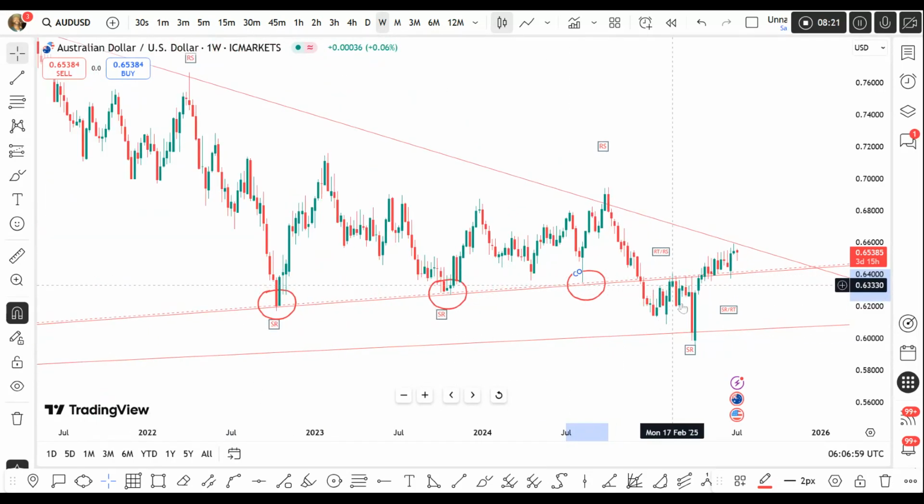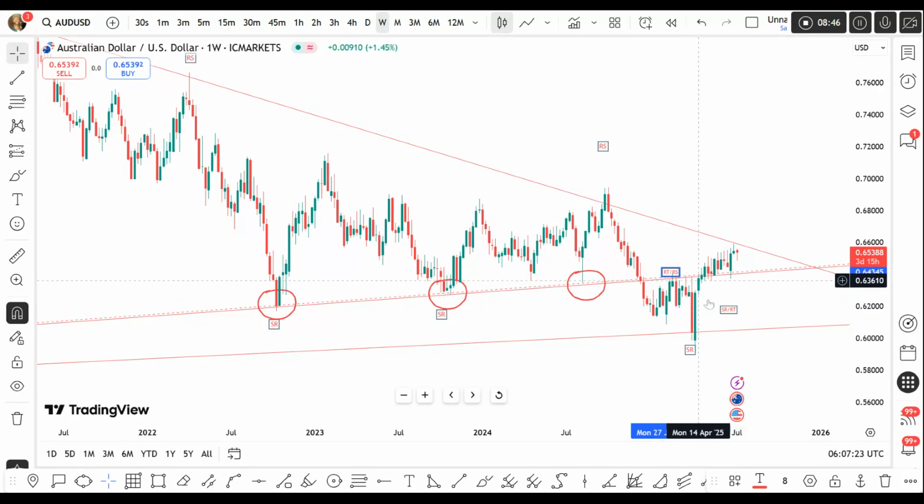Breakout, retest, RT, ROS. February, retest. March, retest. April, retest. April, breakout. May, retest.